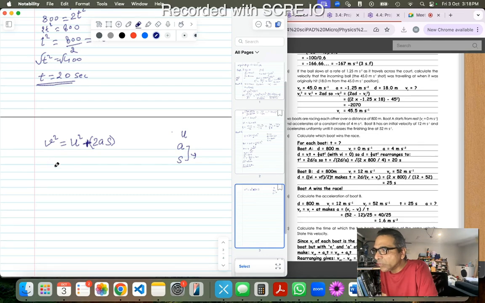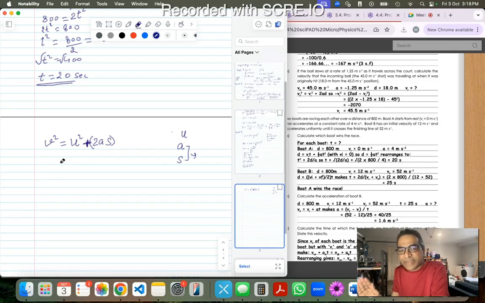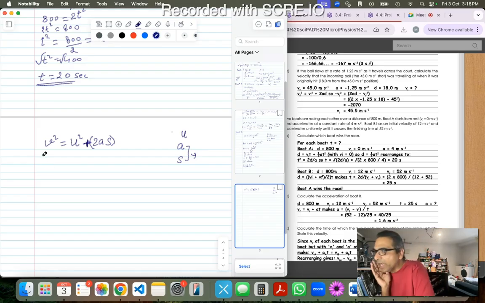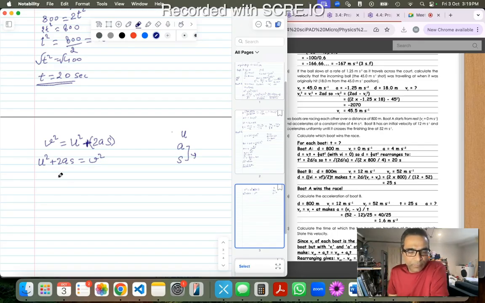So first thing first, we need to put whatever the subject is on the left hand side. Because the subject u is currently on the right hand side, I am putting it on the left hand side: 2as equals v square.